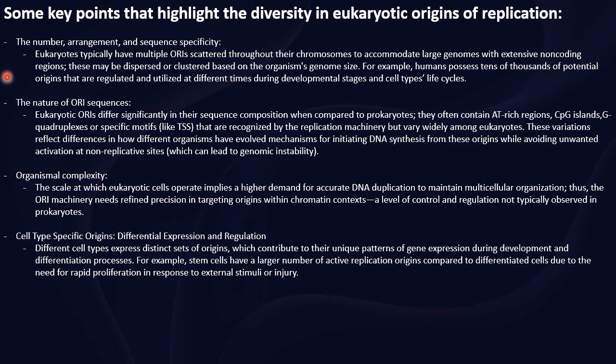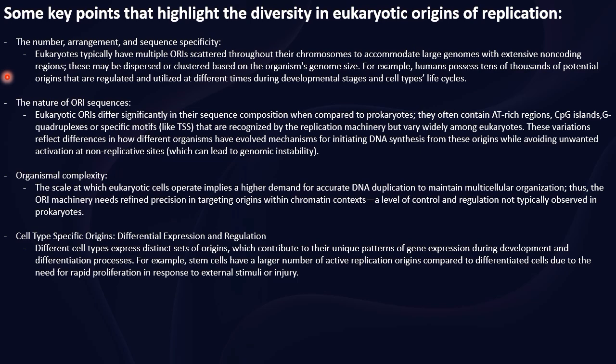So in non-metazoans like yeast, they have a highly conserved ORI sequence known as ARS, which stands for autonomously replicative sequences. But in metazoans like humans, we have a very complex ORI sequence, and we don't have any conserved specific sequence.